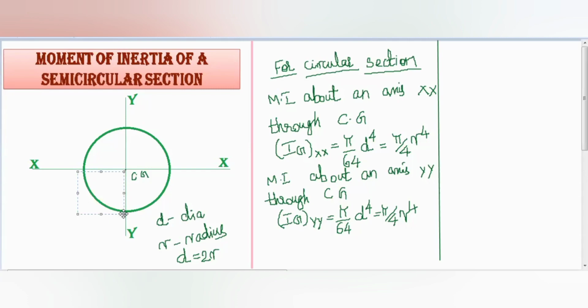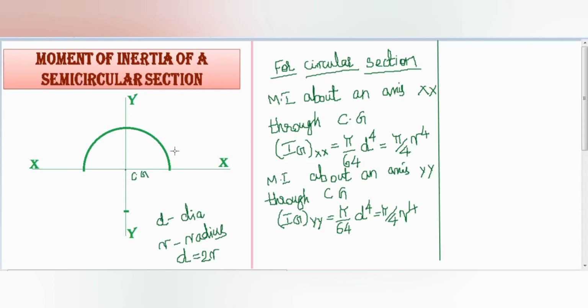Okay, previously we discussed for the circle. Now we are going to derive the same moment of inertia for a semicircular section. Okay, so here I erased half portion of the circle. Now it will become a semicircle.